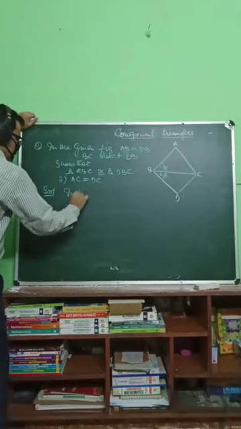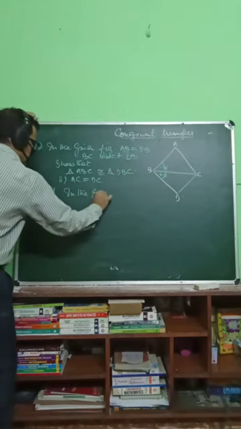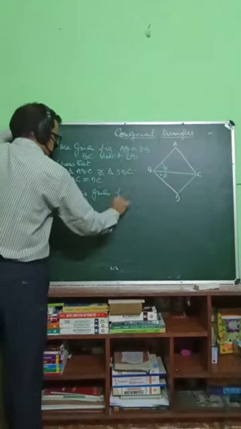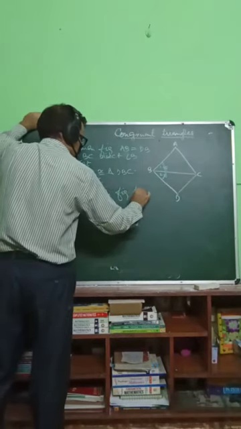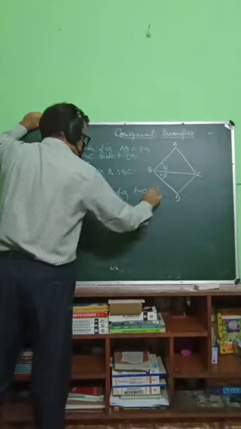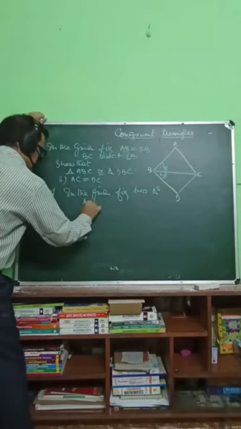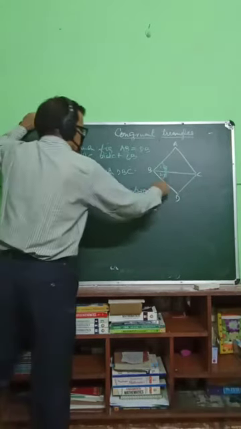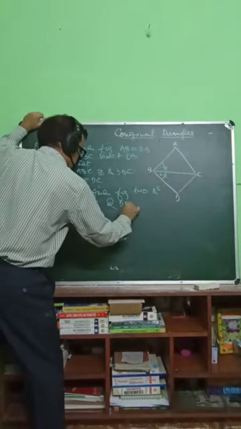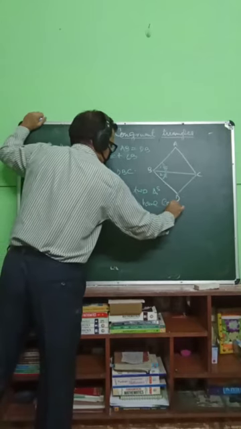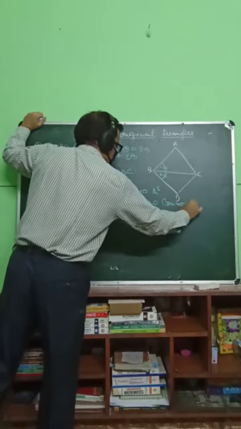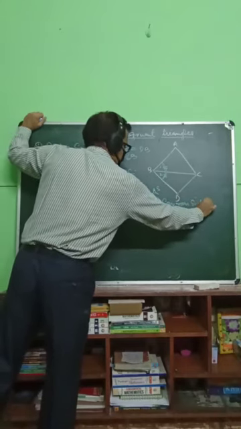In the given figure, two triangles ABC and DBC have common side BC.